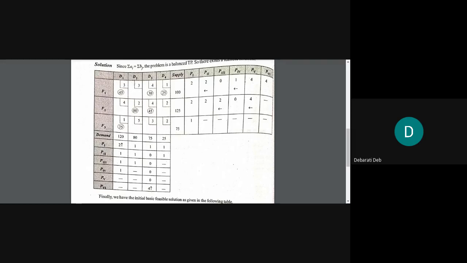Thus, we will strike off 75 because it has been exhausted. And in the place of 120, we will strike off and write 1.